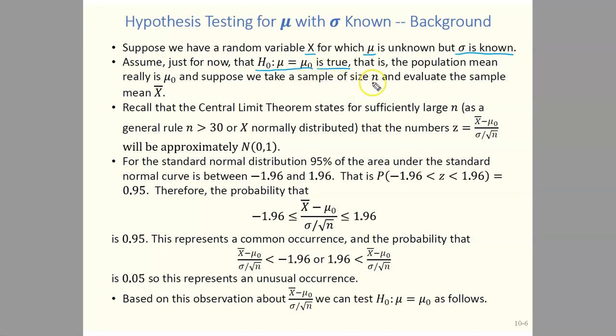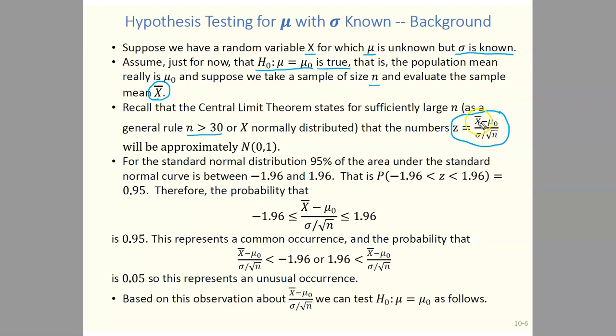So we take a sample of size n, and we evaluate a sample mean x bar. Now, by the central limit theorem, for n sufficiently large, as a general rule, n should be taken bigger than 30, or if n is not bigger than 30, as long as we assume x is close to being normally distributed, then these numbers, the z-scores for x bar.